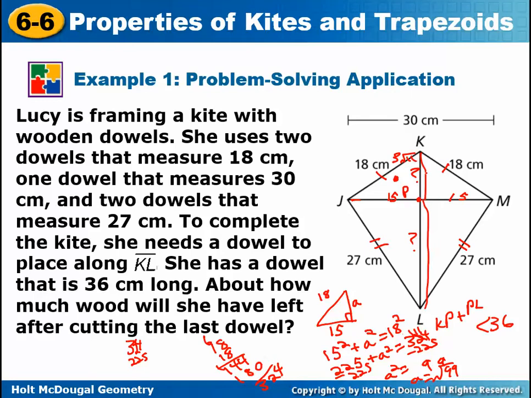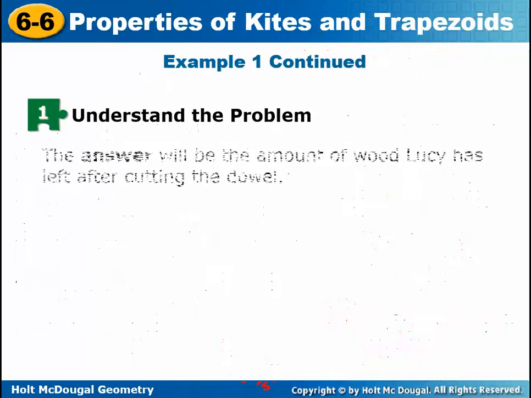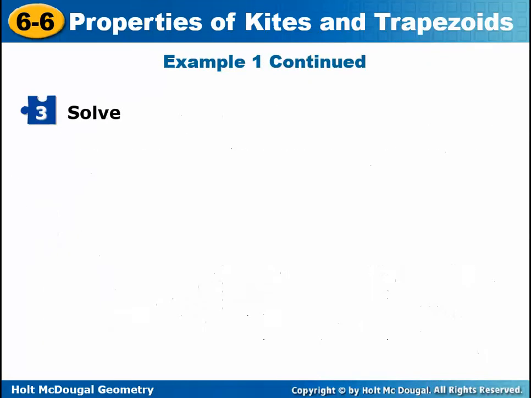And then the other one is going to be, let's see, this is 15 squared. Here's another right triangle with one leg 15 and the hypotenuse 27. So we'd go 15 squared plus B squared equals 27 squared, and we'll solve that. I'm going to go to the next page to see what these numbers are as decimals.